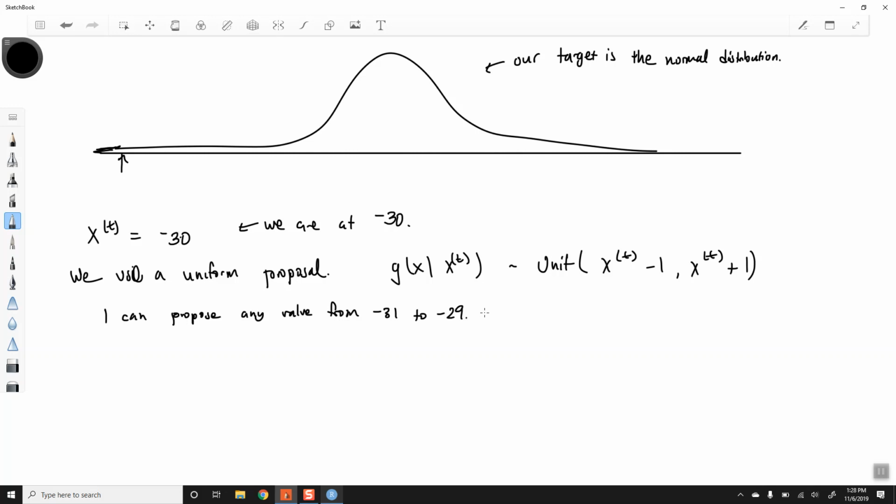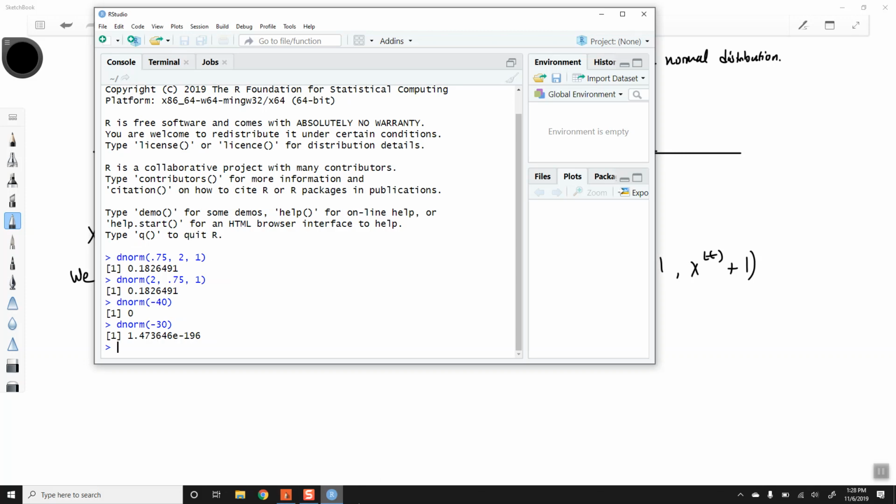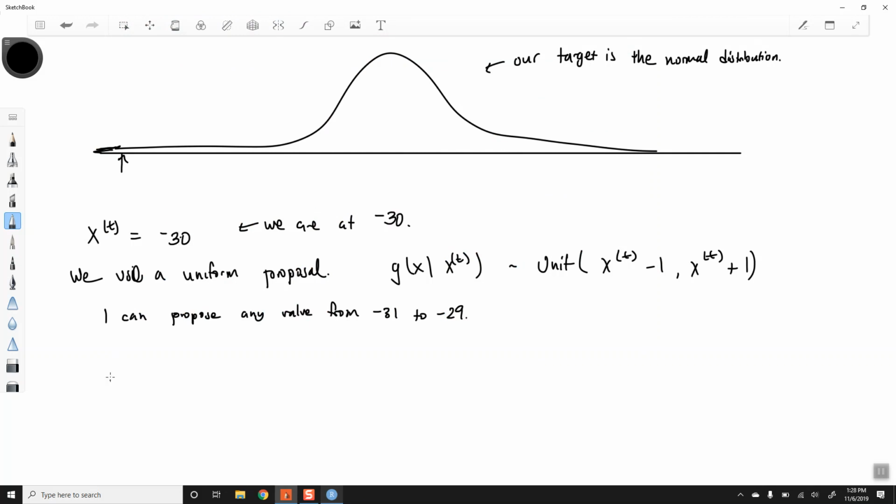I don't know what I'm going to propose. But here's the thing: if I propose negative 31, will I move in that direction?